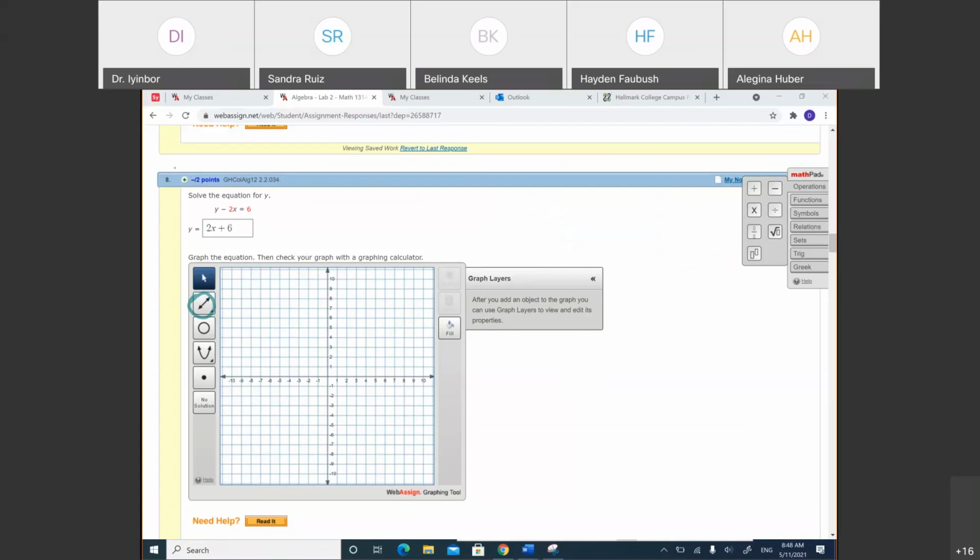You can just pick any 2 points for x and find the y, because you need 2 points. So with the equation, I'm going to have coordinates x and y. I can pick 0 for x and 1 for x, any 2 points. Then I follow the equation, y equals 2x plus 6.